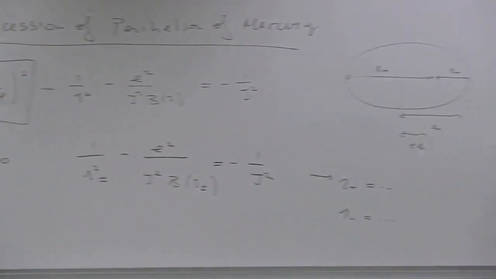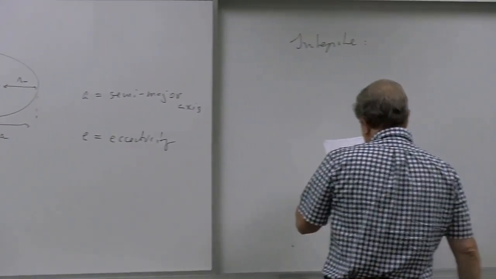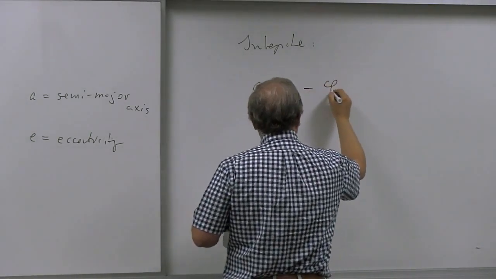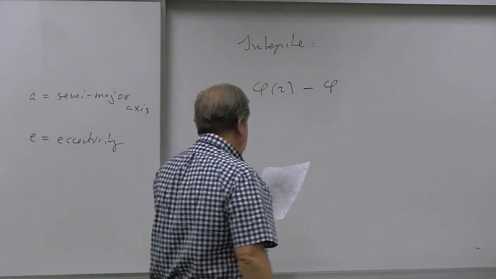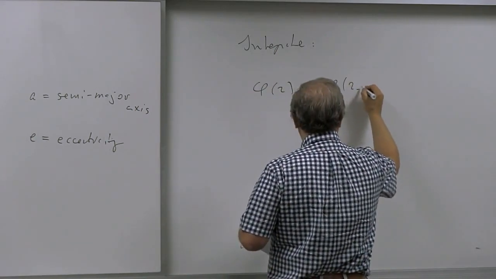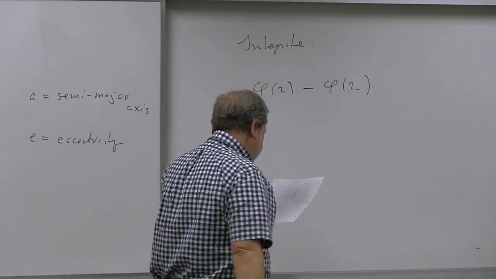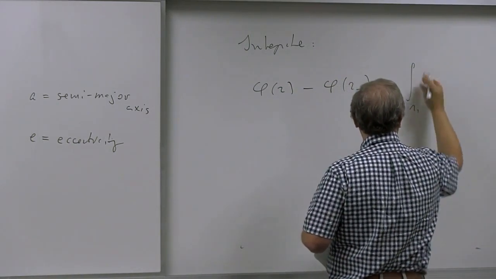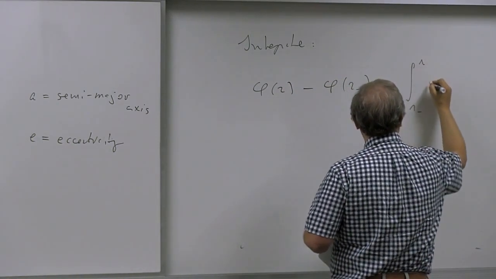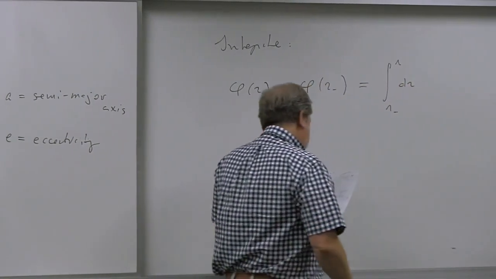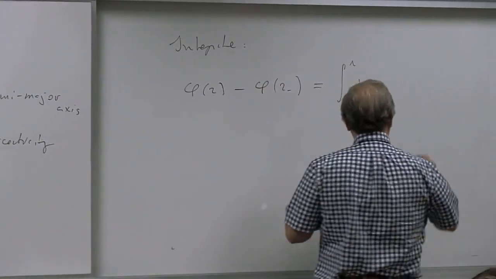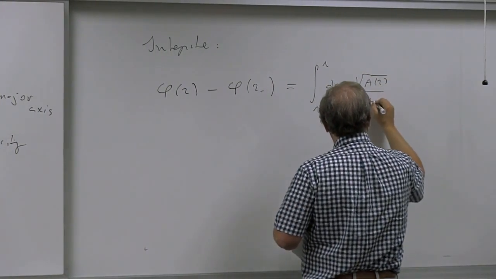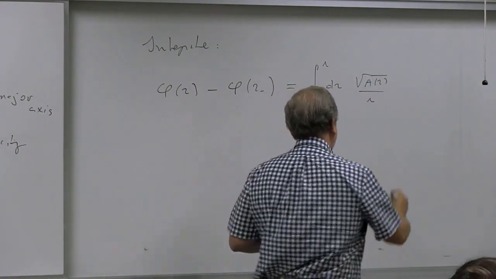So we're going to end up with the integral of 1 over the square root of something. So we get phi of r minus some phi naught, which you can choose to be, for example, the phi of the r minus. And then this is going to be the integral between r minus and r in dr of the square root of a of r divided by r squared.